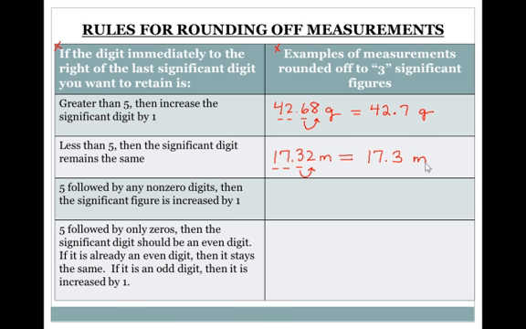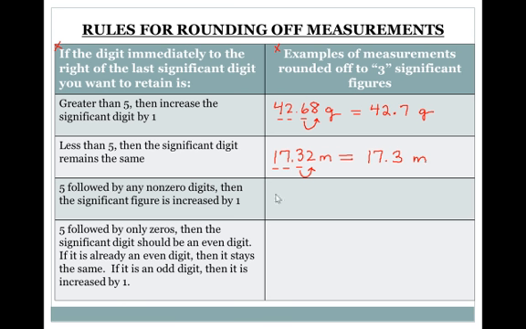Now, the problem comes into play when there's a 5 to the right of that last digit you want to retain. So let's talk about this circumstance. If there's a 5 followed by any non-zero digit, then the significant figure is increased by 1.